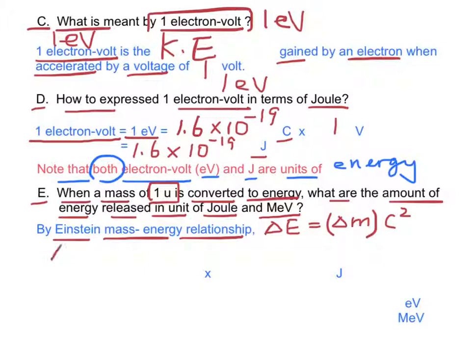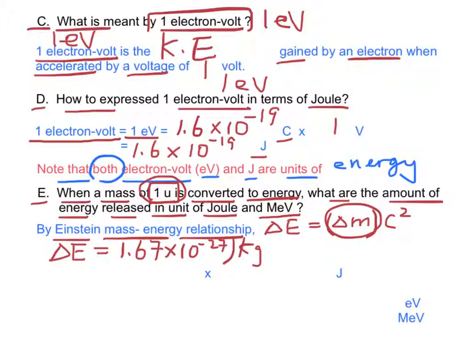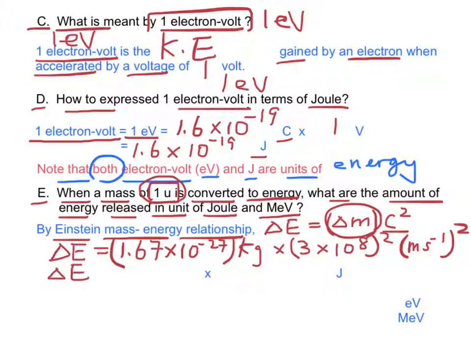We have the energy released ΔE equal to the mass defect for 1 U, which is 1.67 times 10 to the power negative 27 kilogram, times C squared, which is 3 times 10 to the power 8 meter per second, squared, and the energy released will be equal to 1.503 times 10 to the power negative 10 joules.